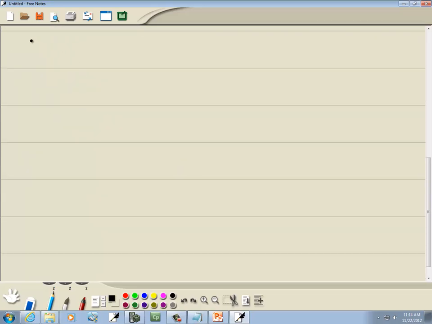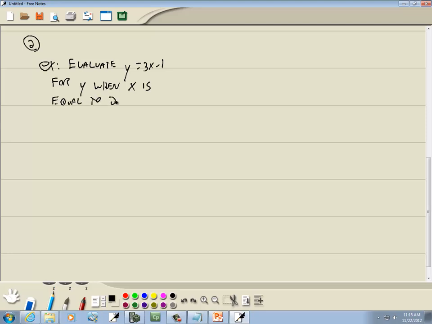Now, that's its first purpose, to give it a name. Our second purpose will be demonstrated with this example. If you remember from elementary algebra, you had problems that said evaluate y is equal to 3x minus 1 for y when x is equal to 2. Well, what that means is we're going to take our y equals 3x minus 1, and we'll put a 2 in for the x. So put 2 in for the x, and that gives us 3 times 2 is 6. 6 minus 1 gives us 5.